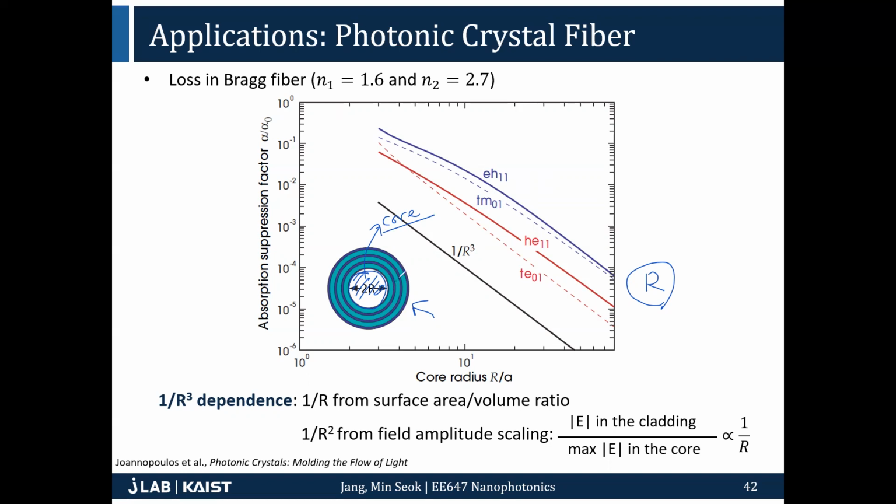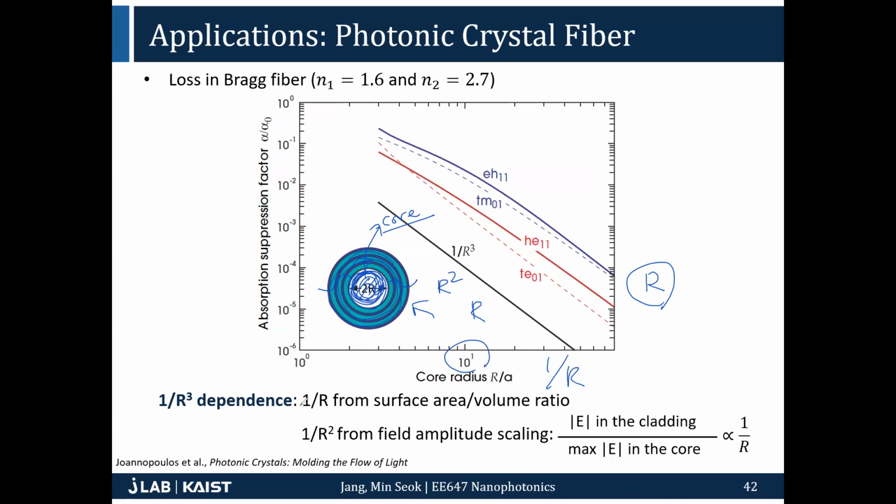But the electromagnetic field that resides in the Bragg reflector, even though it's small, there is a material loss. Okay, so as R increases, the ratio between this surface and the area decreases by 1 over R, right? Because the area is proportional to R squared, but the circumference is proportional to R. So the surface to volume ratio, or circumference to area ratio, is 1 over R.